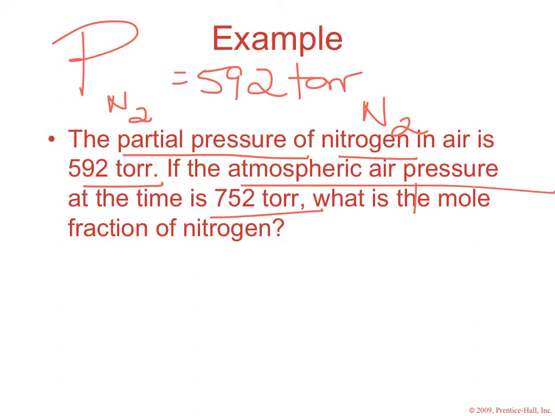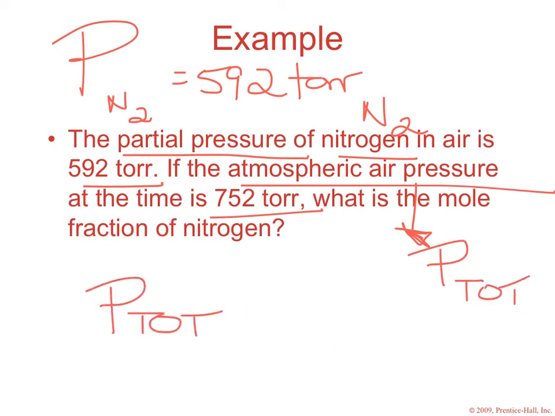Now, the key here is to recognize that atmospheric pressure, as I mentioned in the last slide, typically is the total pressure. It's the pressure of all of the gases that make up the atmosphere, right? Now, this problem is asking for mole fraction of nitrogen, and we usually represent mole fraction with a big curvy looking X, which we call chi.